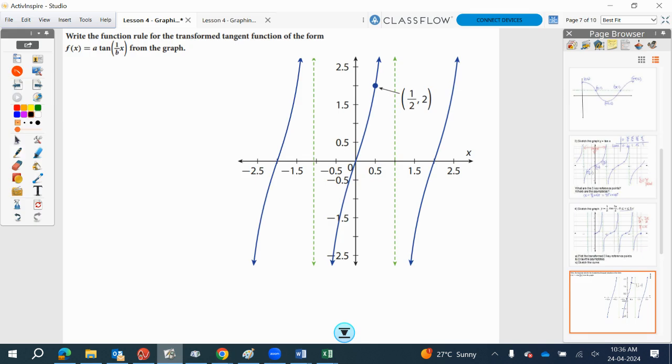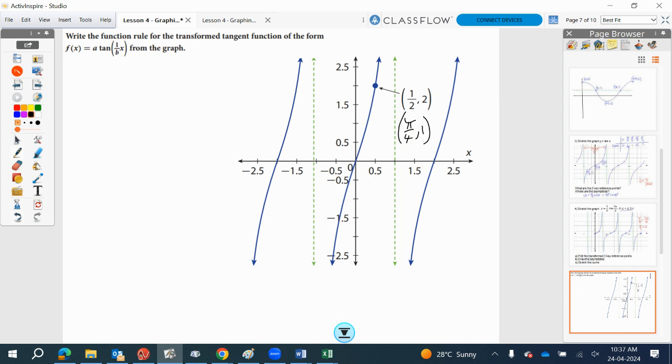Okay, how do we do this? We're given this point here, which we can tell is the characteristic point. The characteristic point normally lies at pi over 4, comma 1.